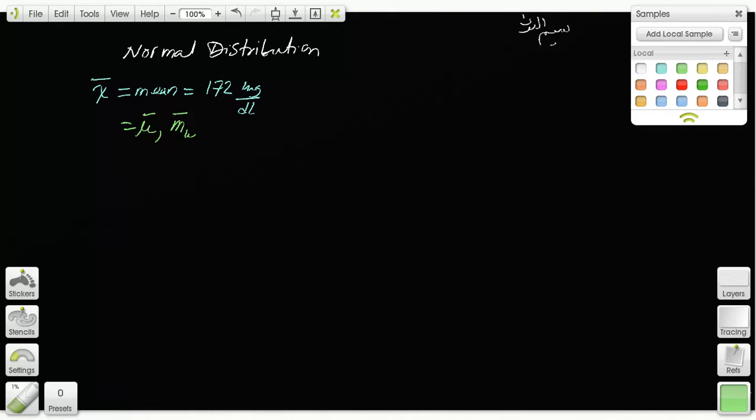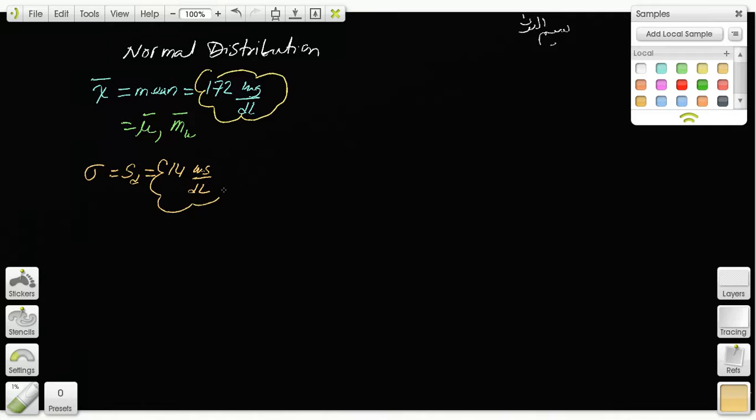They did all these women, they figured out the cholesterol level, and they're all pretty bad. The mean was 172, and then they said the standard deviation, or how far away from the mean they were, was 14. The symbol for standard deviation is sigma. Standard deviation here was 14 milligrams per deciliter.